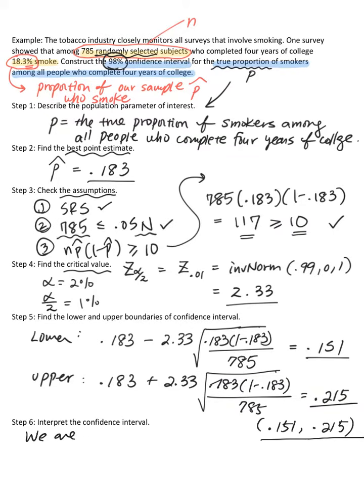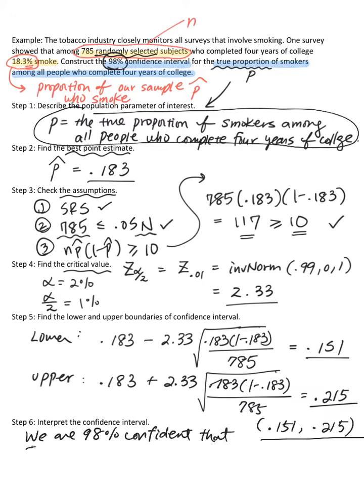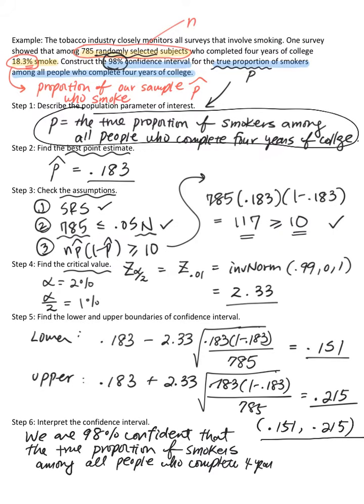So we say we are 98% confident that, and then you copy what you wrote in step 1, the true proportion of smokers among all people who complete 4 years of college is between, and then you write down the lower and upper boundaries, 0.151 or 15.1% and 0.215, 21.5%. Okay, there you go. All right.